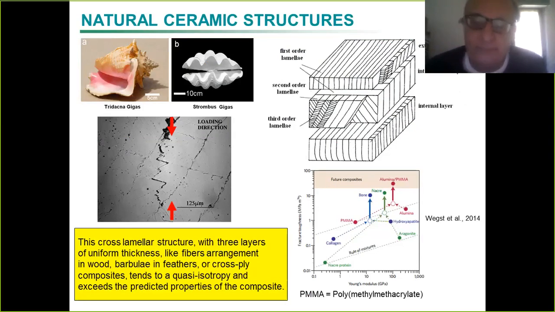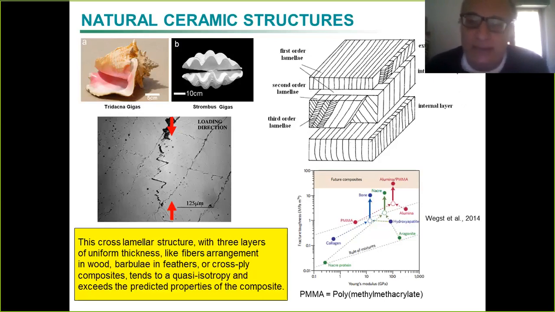Because we don't have isotropic material, but we can try to make layered materials, and in making these layered materials, we might have the fibers oriented in different ways. This is going to be called angle ply or cross ply.